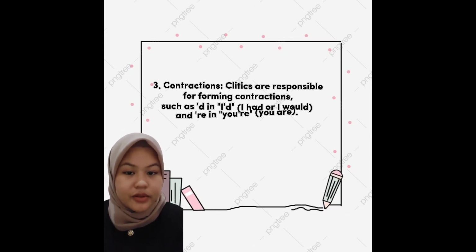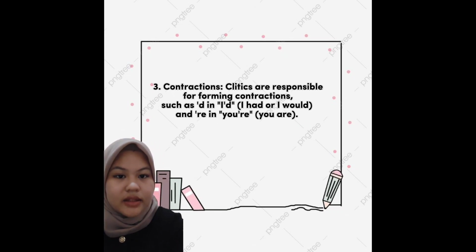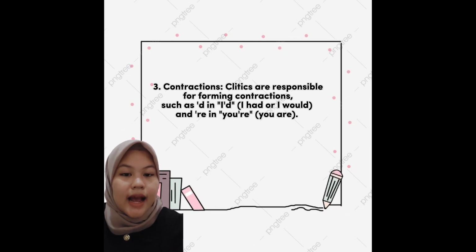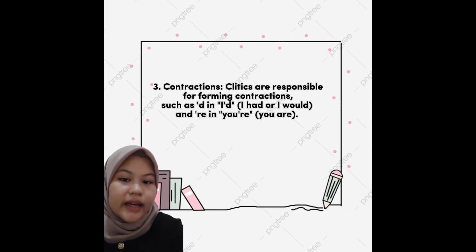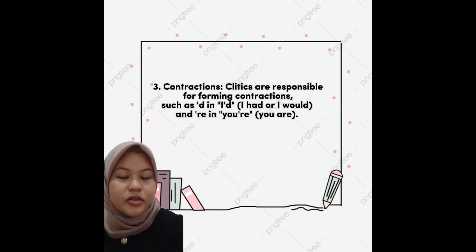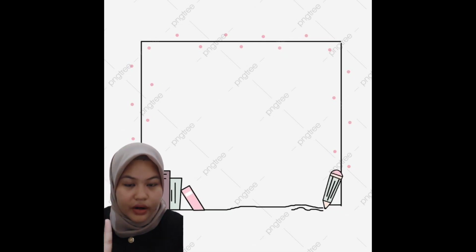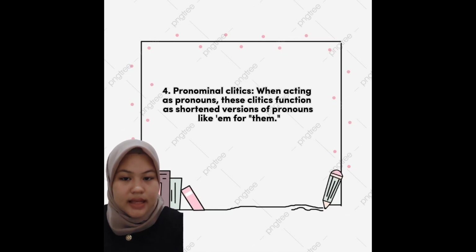Three, contractions. Clitics are responsible for forming contractions such as 'd in I had or I would, and 're in you are. Four, pronominal clitics.